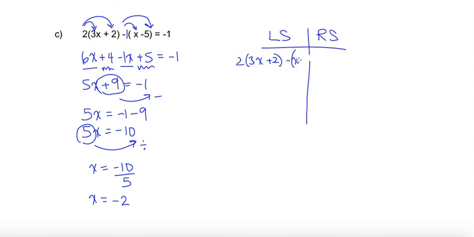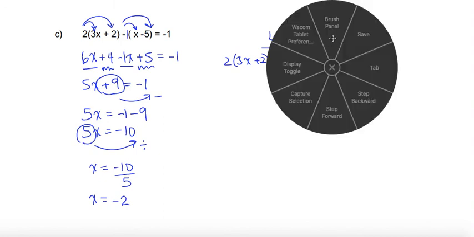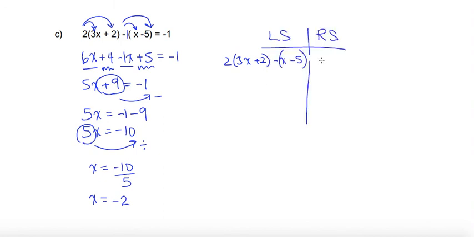I didn't give myself a ton of room. I'm actually going to move this over a little bit. There we go. Okay, so x and then minus 5. And then the right-hand side of my equation is a negative 1. So now I want to substitute this value of negative 2 in for my x's.